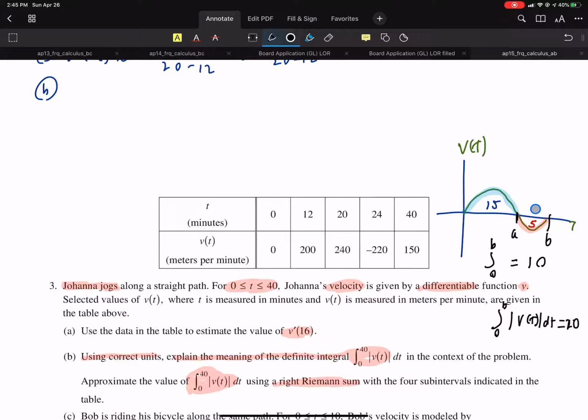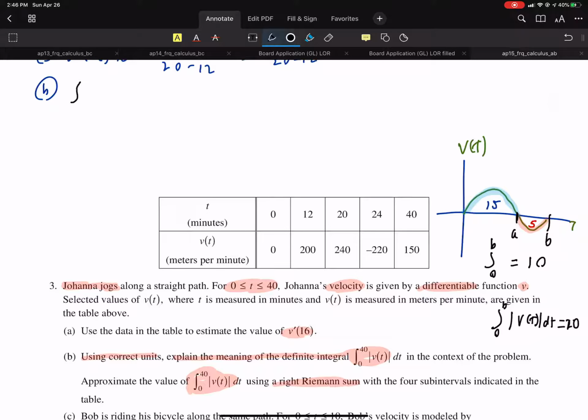So just realize when you integrate a velocity, any negative velocities, that distance will be subtracted. So this is the total distance Johanna traveled. So we can write that out.